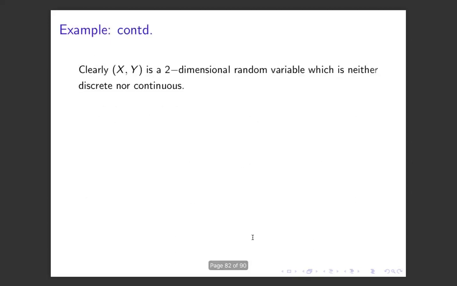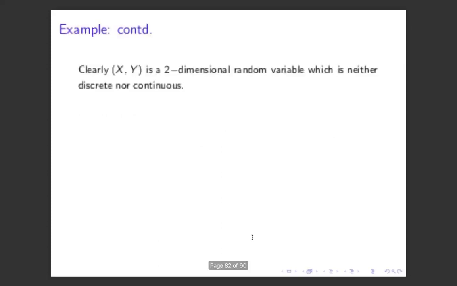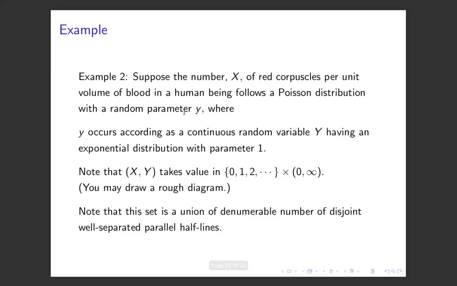Okay. So clearly, this is neither discrete nor continuous as a two-dimensional random variable. The information we have is that if y is known, then X has a Poisson distribution with parameter y.